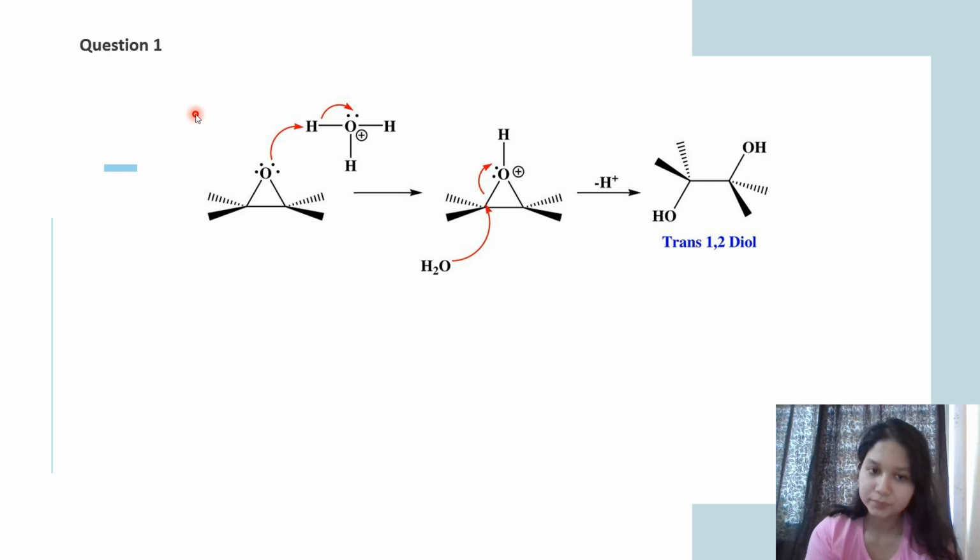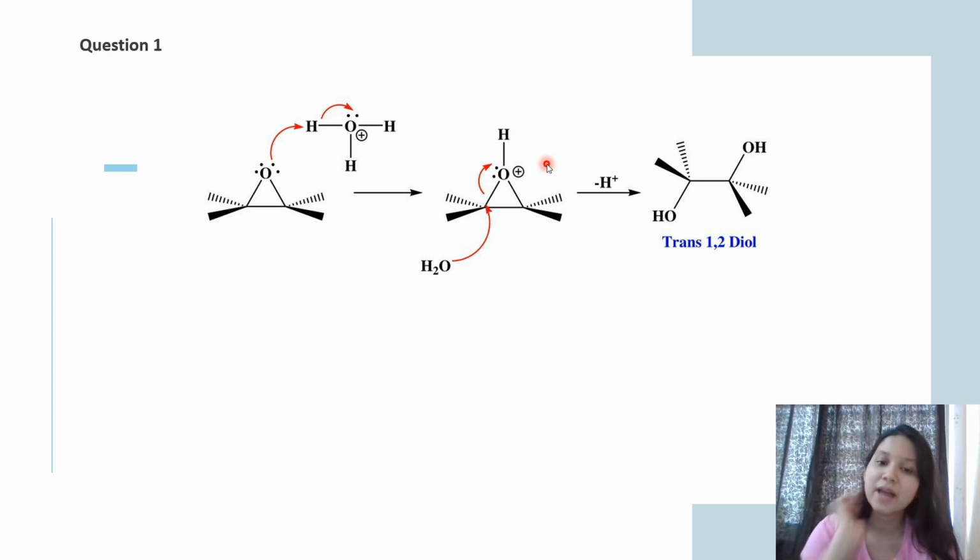So, when you treat an epoxide with acid, what happens now? The lone pair of oxygen will abstract a proton, which is the acidic proton, from the medium to form this oxonium ion.